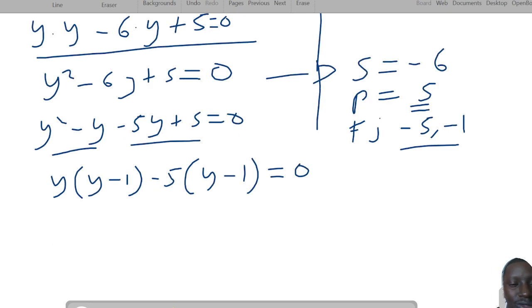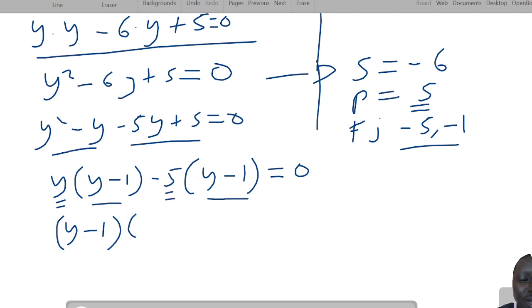So from here, class, you should be able to observe that on the first part I have y minus 1. On the other part of my factorization, I again have y minus 1. They are the same. So I pull out y minus 1. What will remain will once again be y minus 5, and all this is equal to 0.